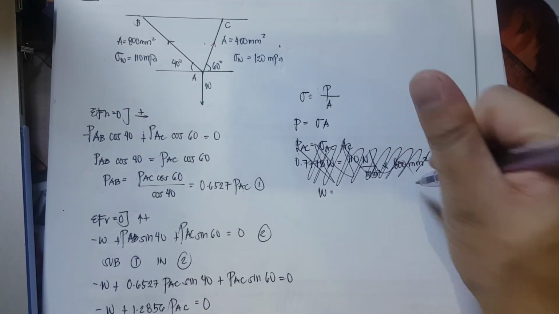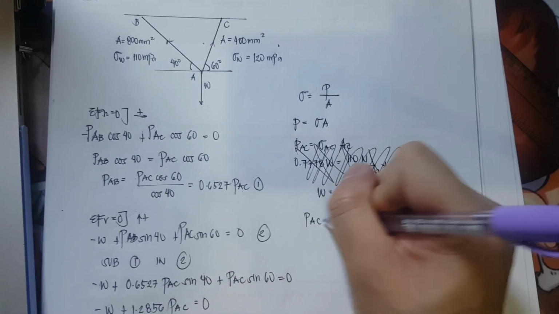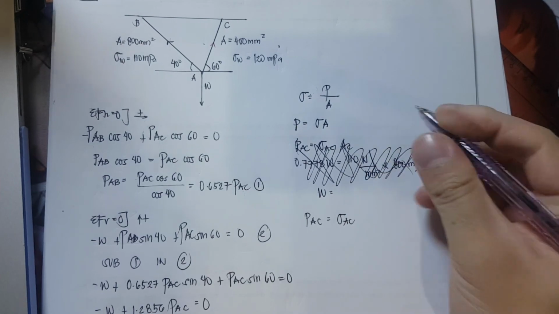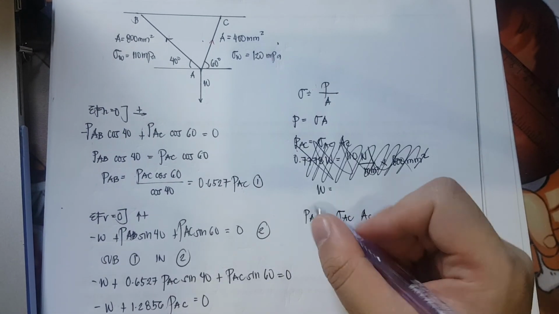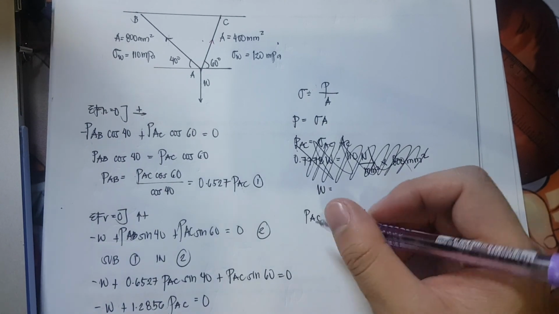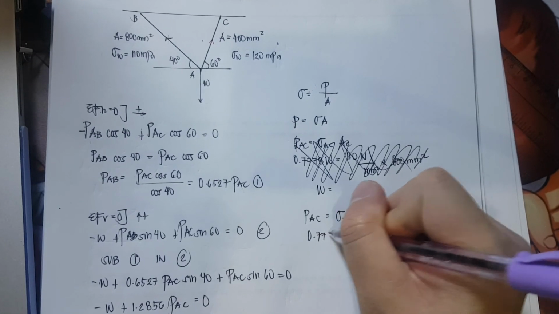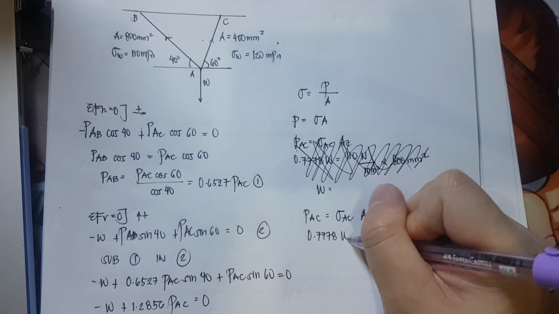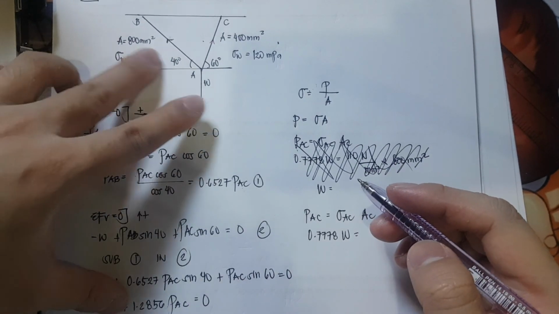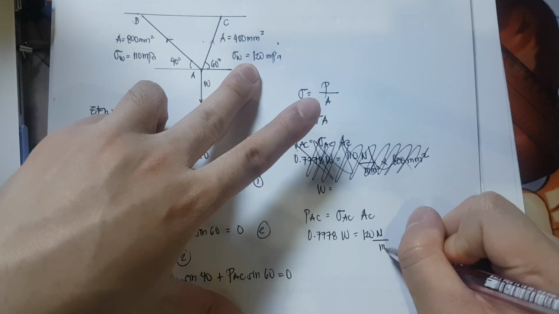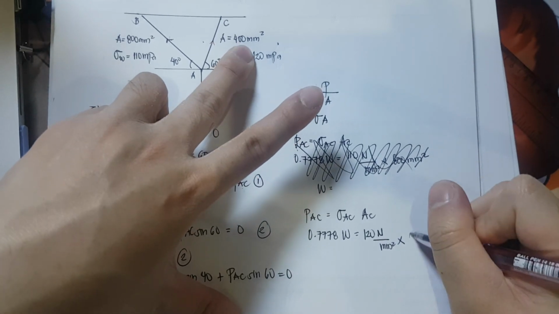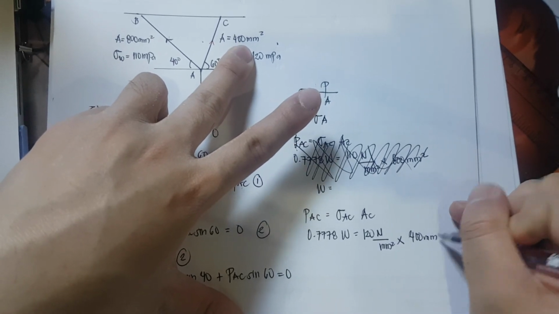So, PAC is equivalent to stress AC times the area AC. So 0.7778 W is equivalent to the stress on AC, which is 120 Newton per mm squared times 400 mm squared.